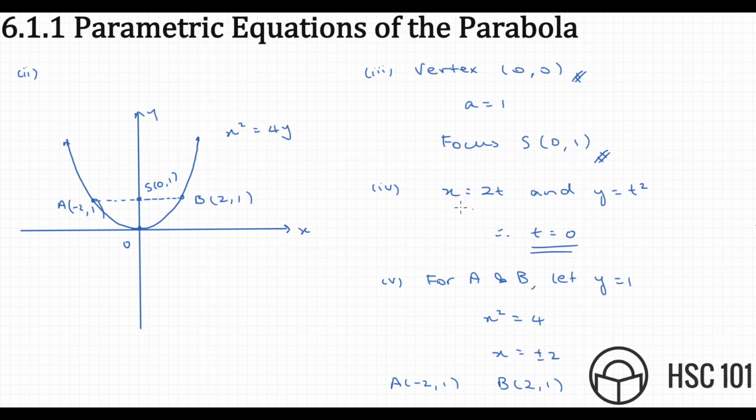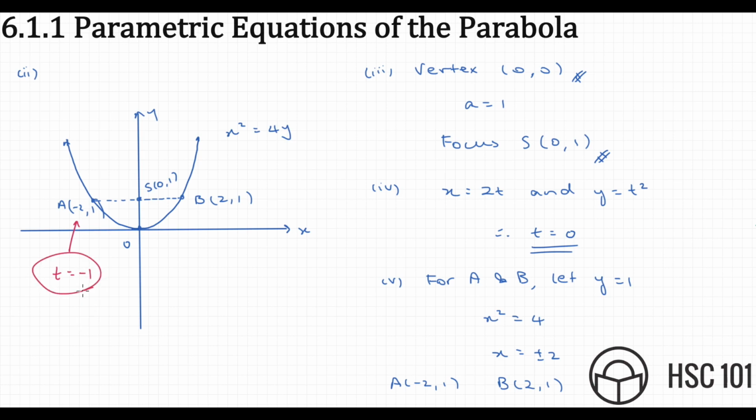Well, if x equals 2t and y equals t squared, if I want x to be -2, that suggests that t equals -1. And if t equals -1, y equals (-1) squared, which gives us +1. So for point A, the corresponding value of t is -1.